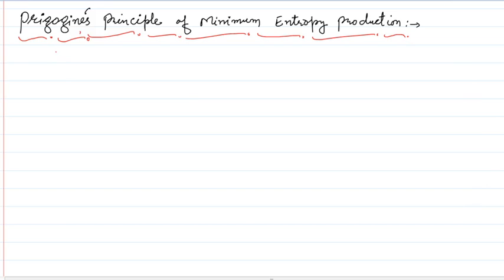Today we will discuss Prigogine's principle of minimum entropy production.